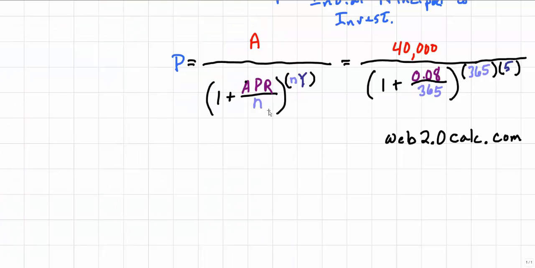So let's go ahead and write that in, and we know that P is equal to 26,813.98, and that is in dollars.